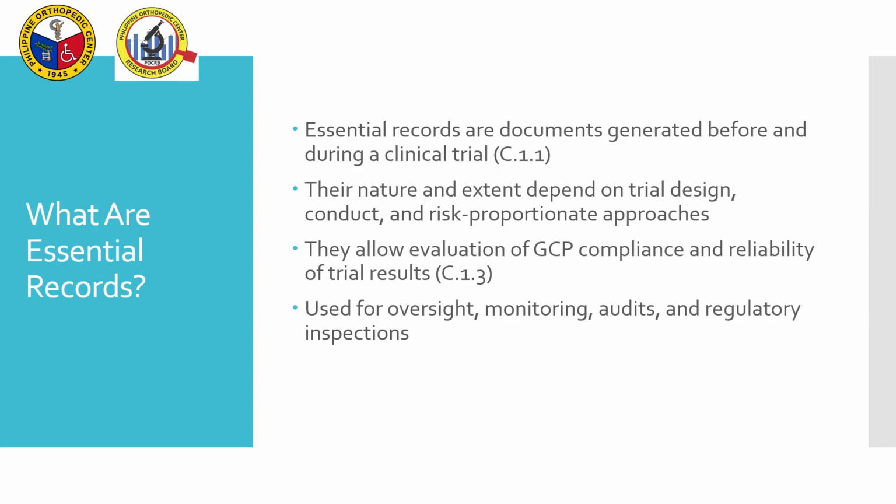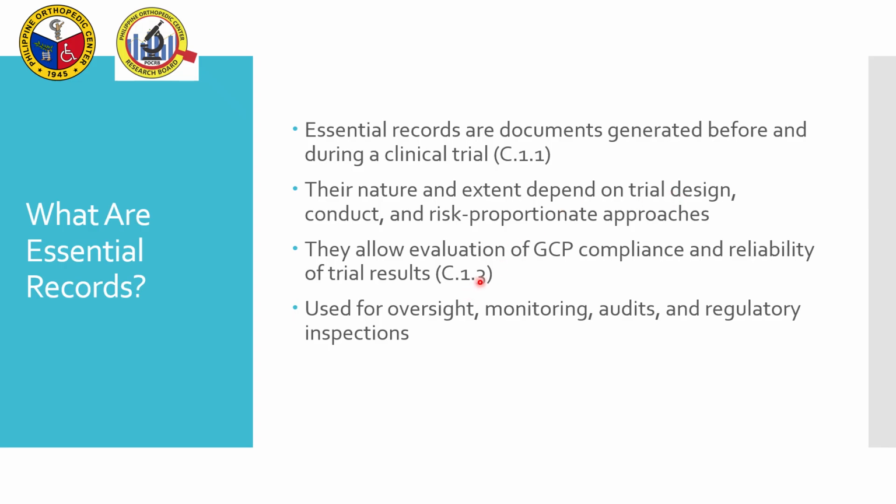Essential records are documents generated before, during a clinical trial. Their exact type and number depend on the study design, complexity, and risk level. Think of essential records as the story of the trial. They answer questions like, was the study conducted ethically? Were participants protected? Can the data be trusted?